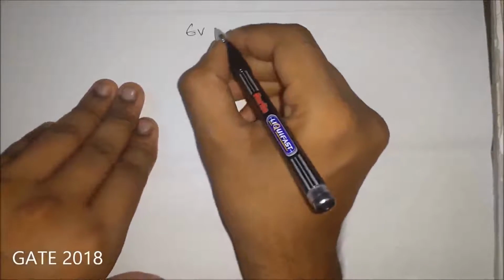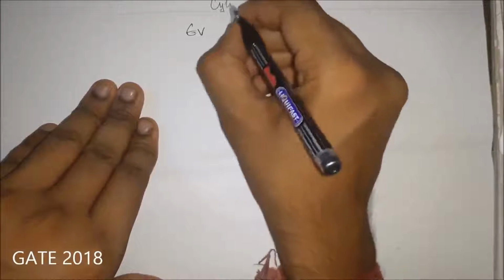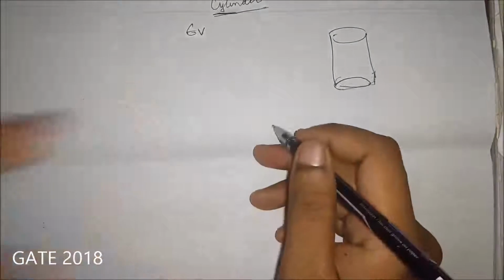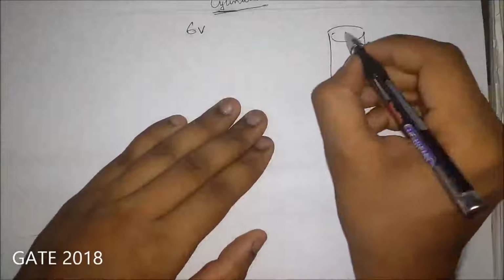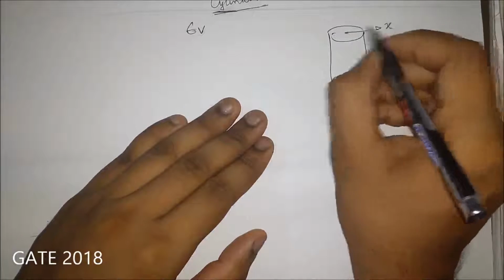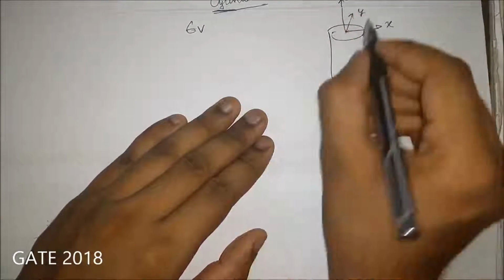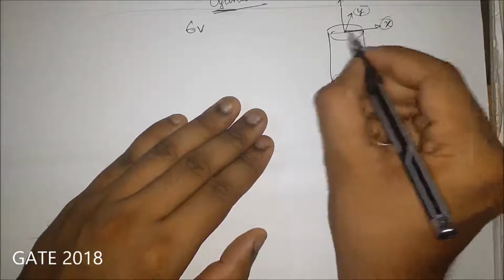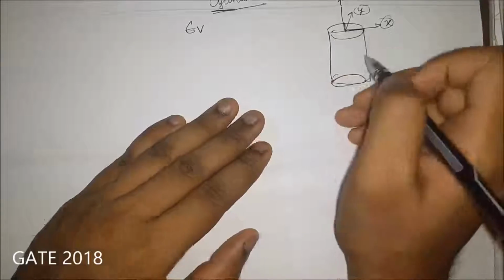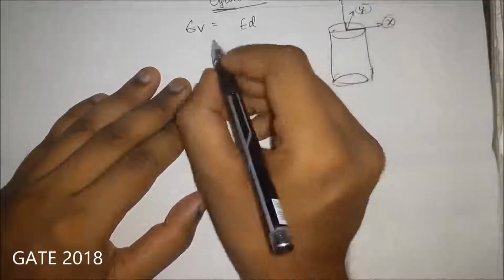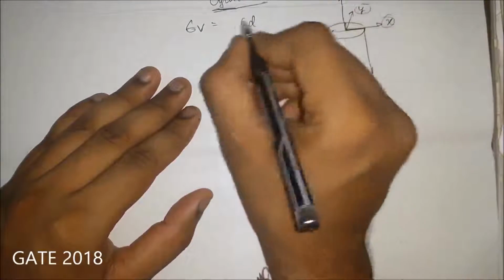Now we will come to volumetric strain for a cylinder. See, the cylinder will look something like this, right? So taking this as x and this as y and the height as z, x and y as the diameters and both the x and y directions are same, strain in x and y will be same in magnitude.